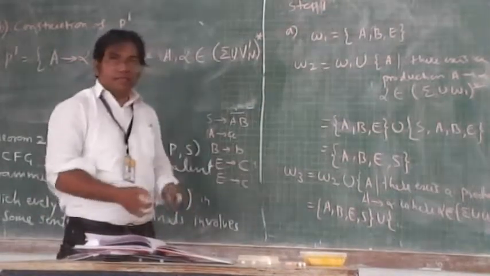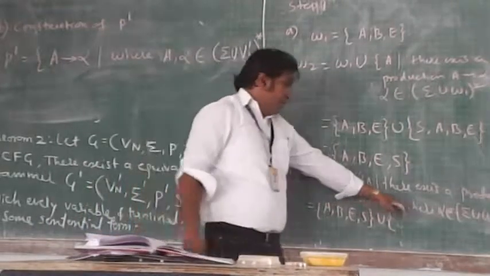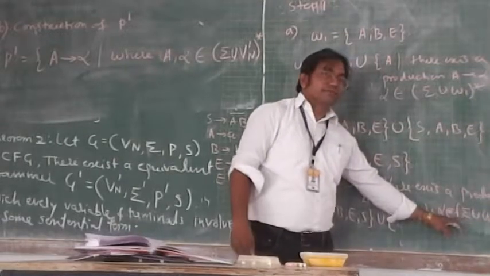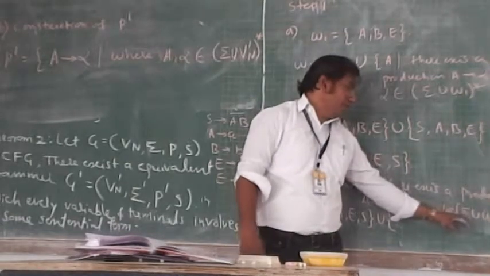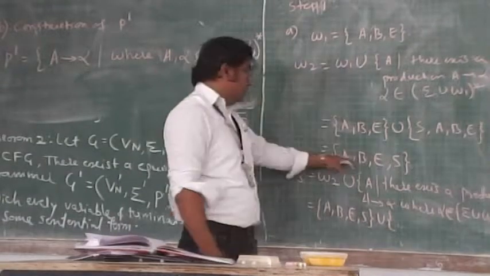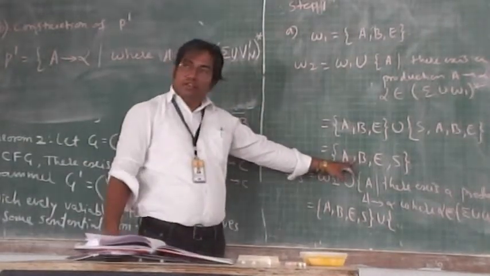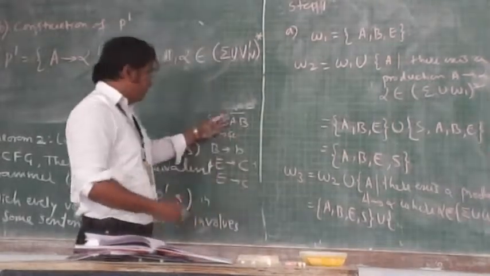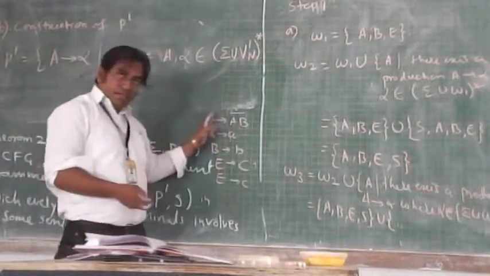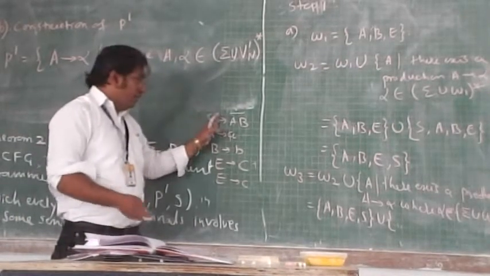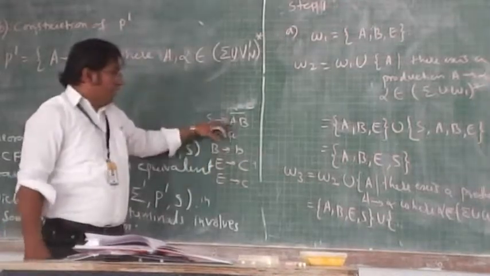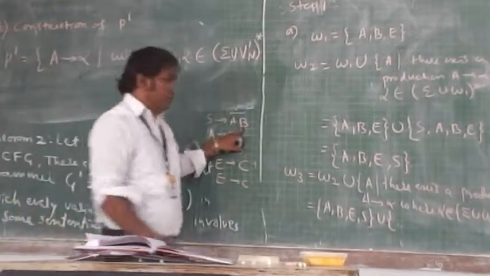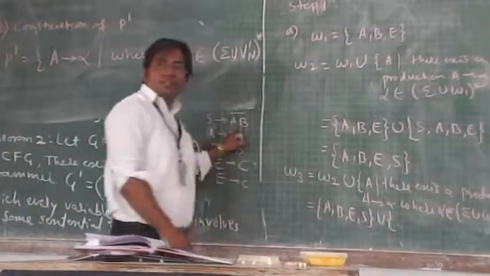The variables going to be added in this step are those productions having a left hand side whose alpha belongs to sigma union W2. Here W2 is this one, sigma is A, B, C. So look at the productions serially and at the right hand side of each production, and see whether it belongs to (sigma union W2) closure.